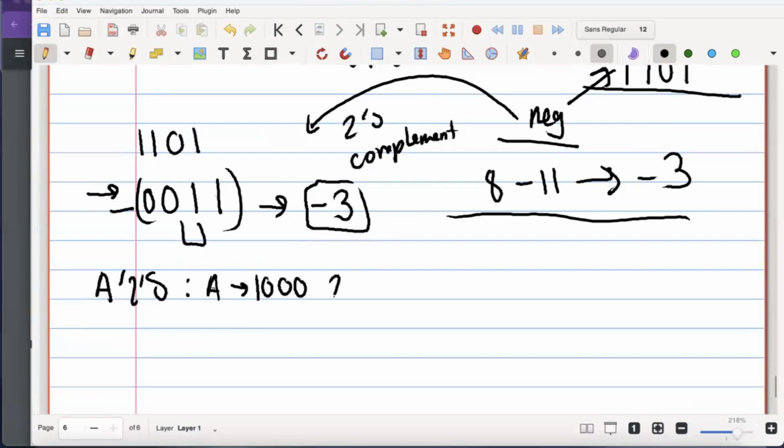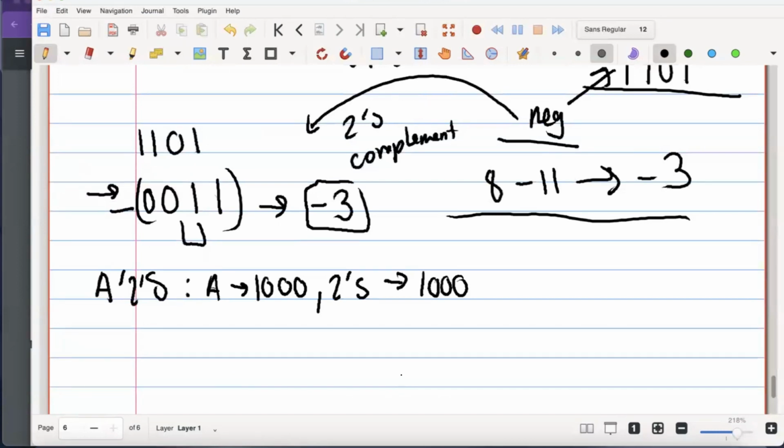Taking the 2's complement, nothing changes until the first one, and then you take the 1's complement. This is actually a really interesting example, because if nothing changes until the first one, you have 1, 0, 0, 0 as a 2's complement.